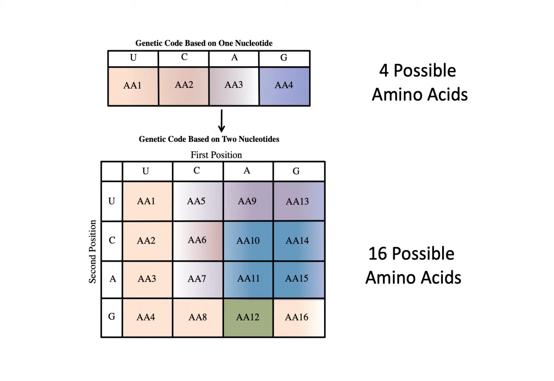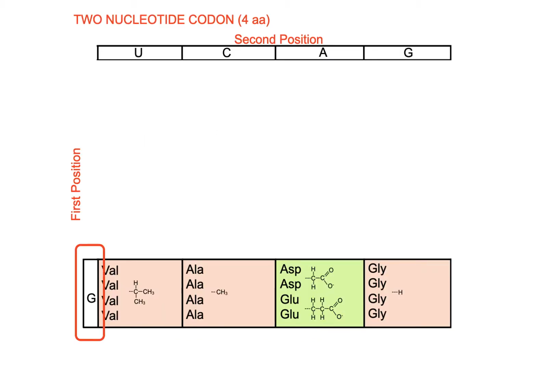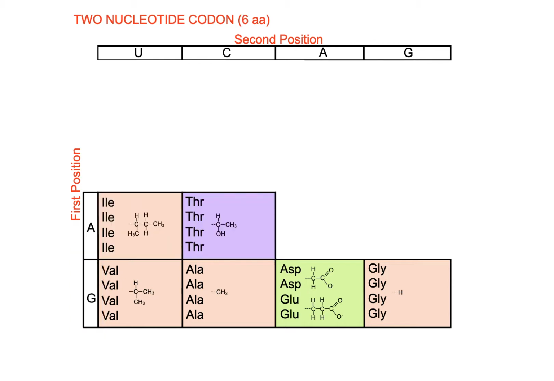And this starts to resemble the modern table for the genetic code. And it may have been this type of system as long ago as 3.5 to 3.8 or maybe even 4 billion years ago.